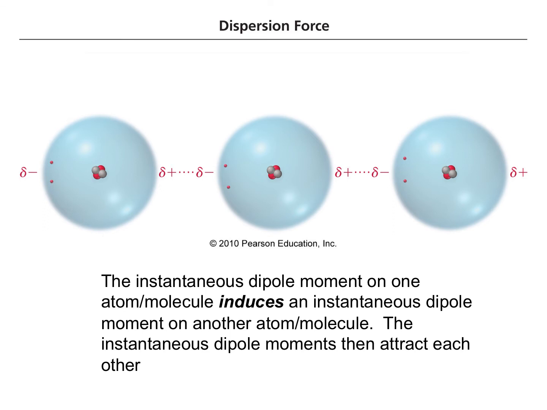So the instantaneous dipole moment in the first molecule induces an instantaneous dipole moment in the second atom or molecule, and it causes them to stick together a little bit. But as soon as the electrons find themselves on the same side, we get electron-electron repulsions, which will force them away from each other. So these are very fleeting, very short-term interactions, but they are attractive interactions nonetheless.